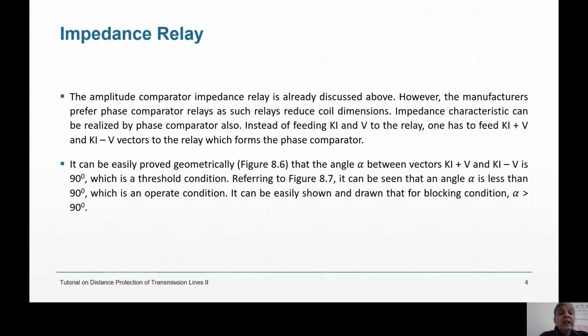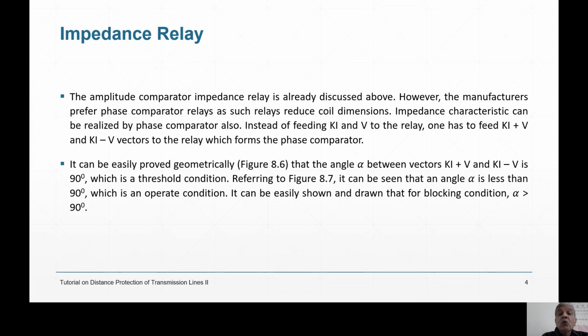Yes, so the first characteristic is the impedance relay. We have already discussed it. The amplitude comparator impedance relay is already discussed. It is a circle, and it has an origin O. The relay lies at O, and at the periphery is the impedance under threshold condition, right?